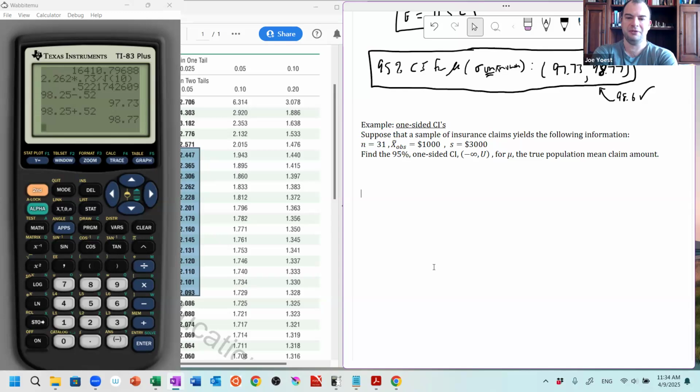So again, sample standard deviation, we're thinking T distribution here. We want to find the 95% one-sided confidence interval, an upper bound, negative infinity up to U, for mu, the true mean population claim amount. We want an upper bound for the mean claim amount.